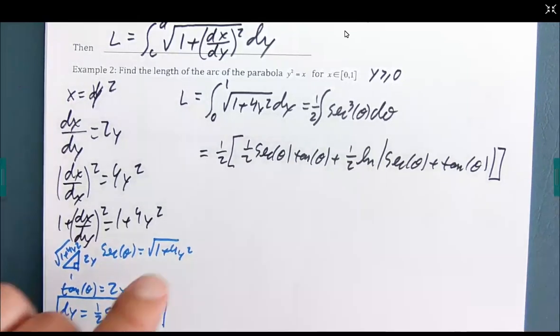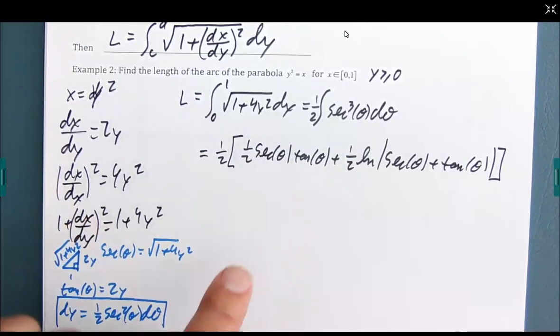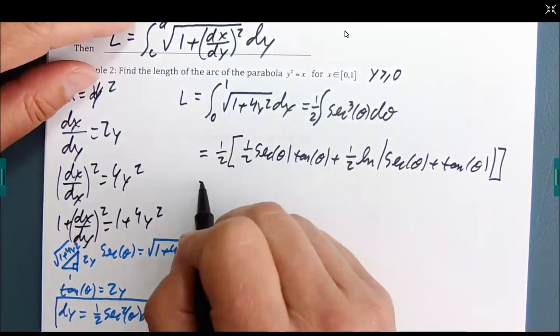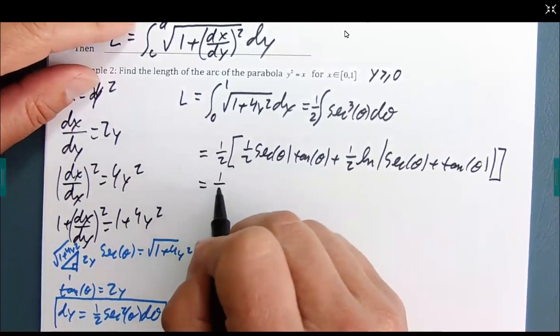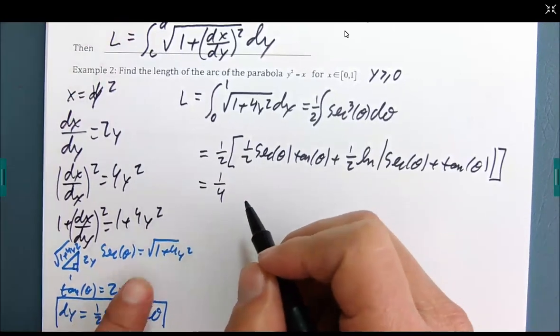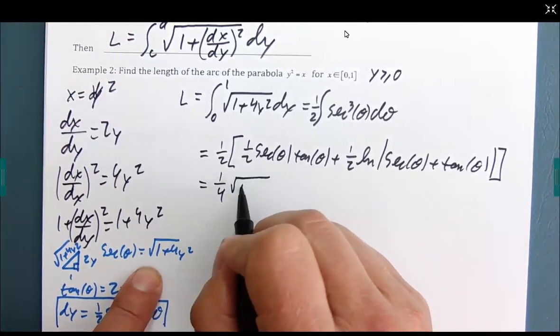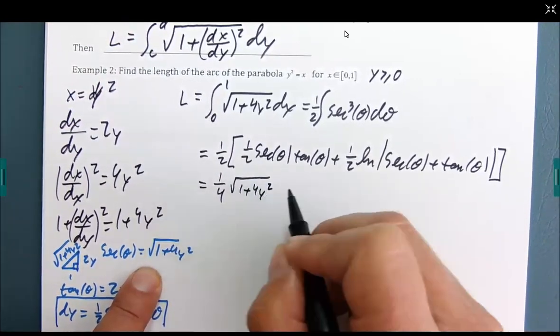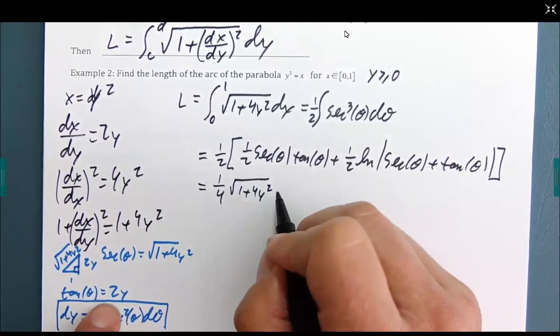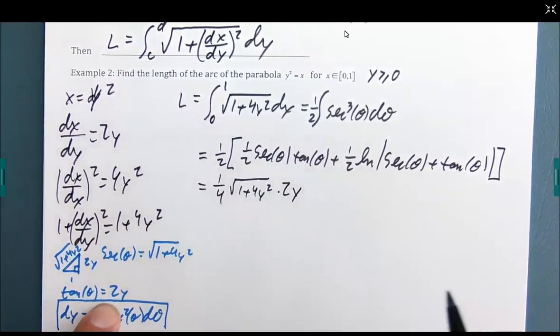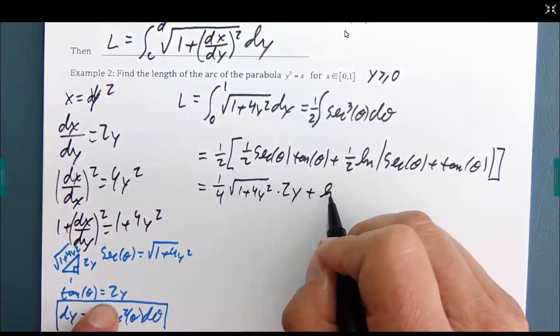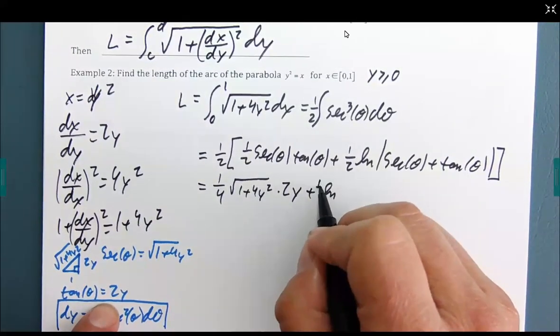And again, we don't have the boundaries, but I'm going to convert these both back to y, and I'm going to do that using the triangle. And I'm going to distribute that 1/2, so 1/4 secant theta times tangent theta, plus the natural log, 1/4 now, right?